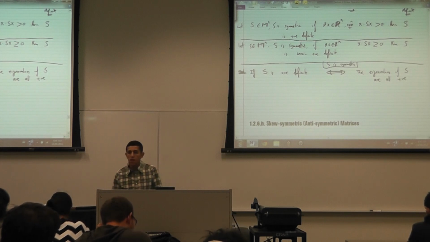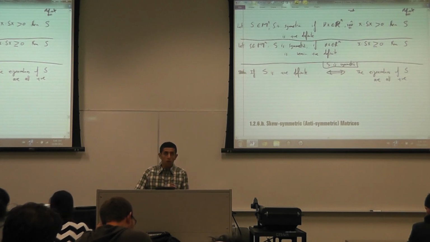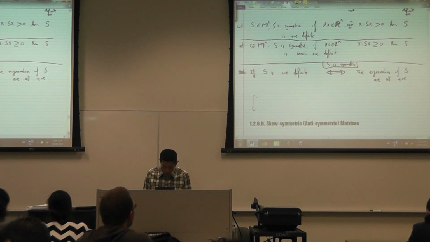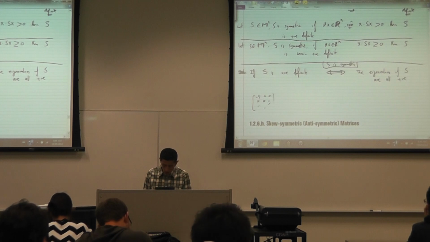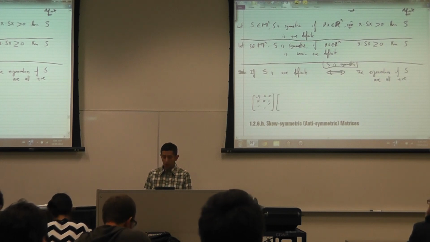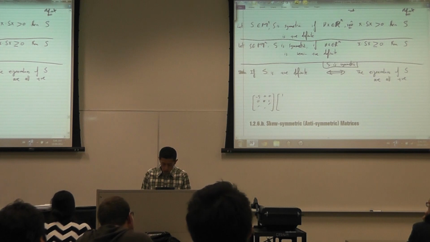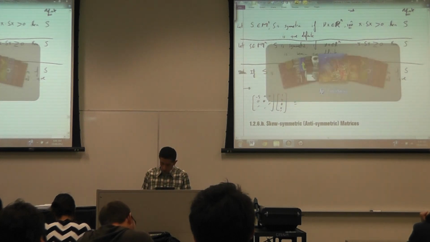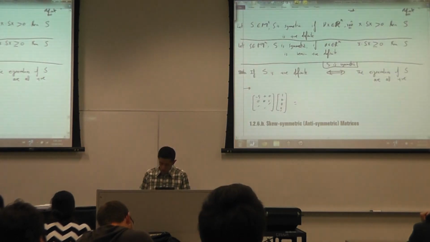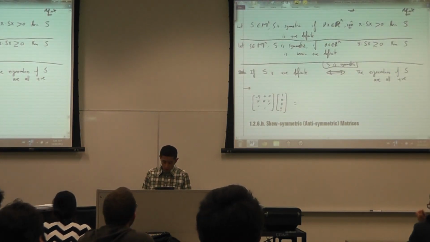Because if you have a negative eigenvalue, for example, if I have here negative 5, 0, 0, whatever number is here, and you say I have a displacement of 1 millimeter in this direction, when I multiply this matrix by this, I will get negative 5.